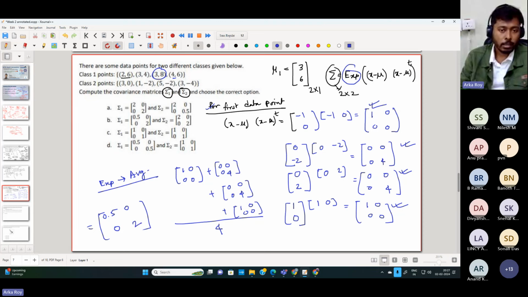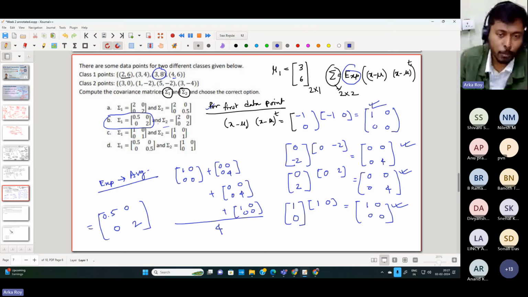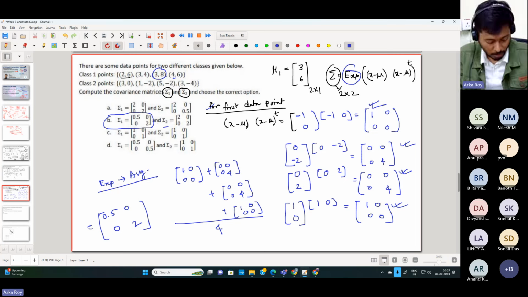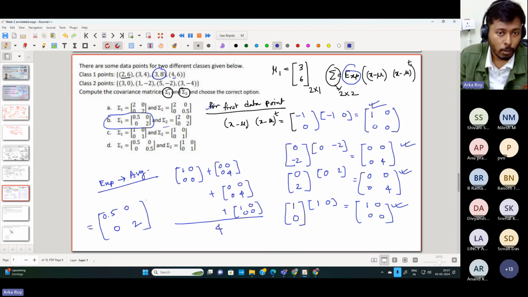So over here you can see that option B is the correct one. From option B itself, you can see that there is no need of calculating sigma 2 as far as this problem is concerned. If you want, you can always solve for sigma 2, and you should solve it. It will help in solving further questions also.